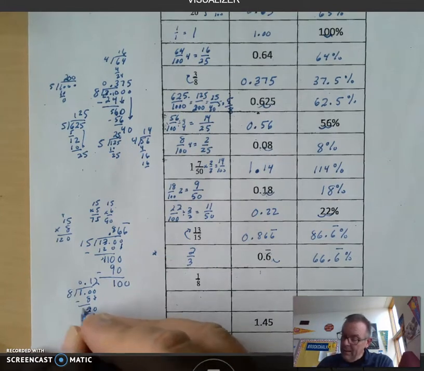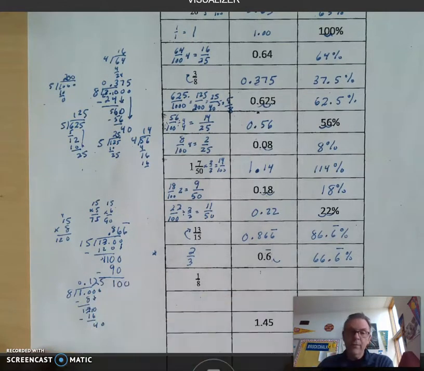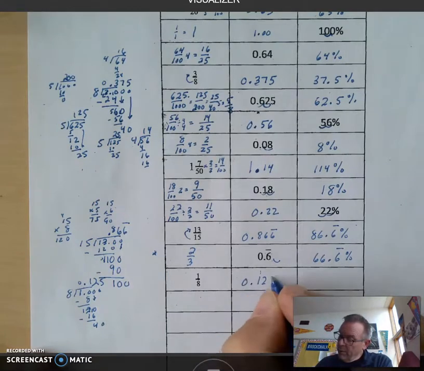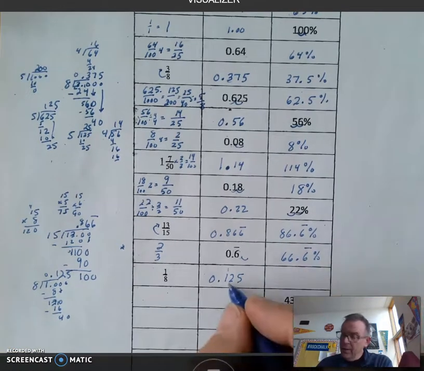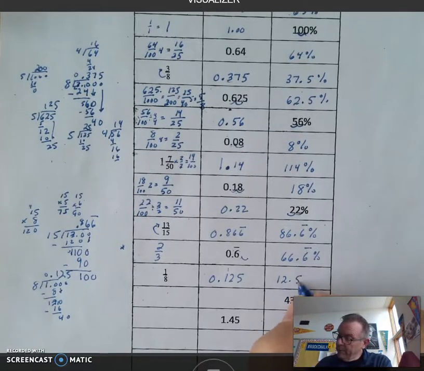Not done yet. 40 minus 32... 10 minus 6 is 4. Add a 0. 8 into 40 is 5 times. So that means 125 thousandths. Move it over 2 places, multiply it by 100, 12.5%.